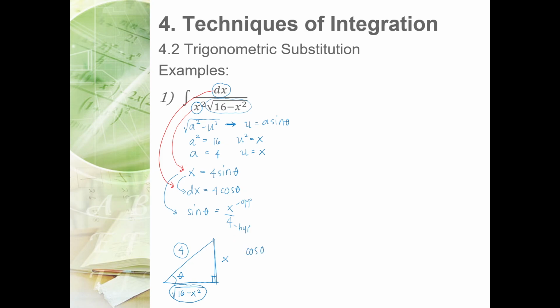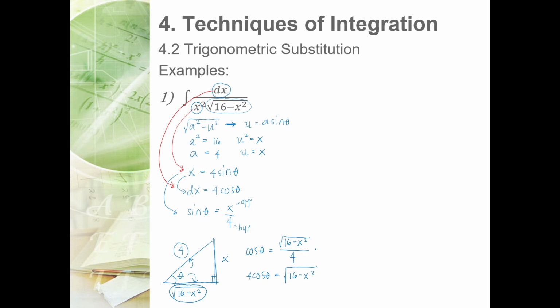So cosine theta is equal to, again, adjacent side all over the hypotenuse. So that would be square root of 16 minus x squared all over 4. Then isolating the square root, or the radical expression, I mean. So 4 cosine theta is equal to the square root of 16 minus x squared.